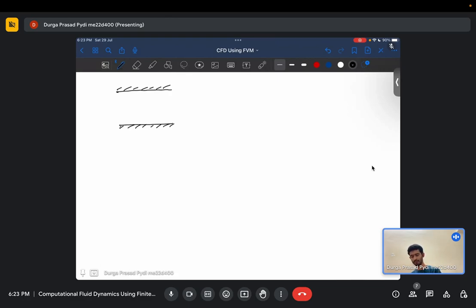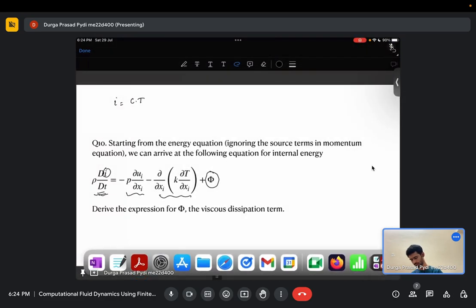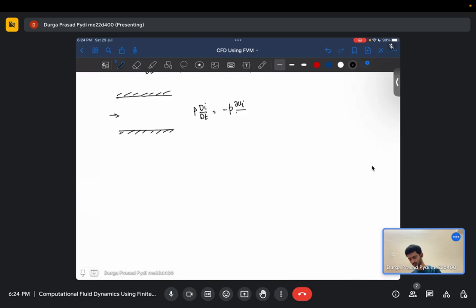Just to ask, you have two sets of parallel plates, and a fluid is flowing between them. Suppose they are infinitely parallel, and if I am using the previous expression, there I have a quantity called K. So it essentially is rho times di dt, this is your divergence, and if the flow is incompressible, this term goes off, minus.